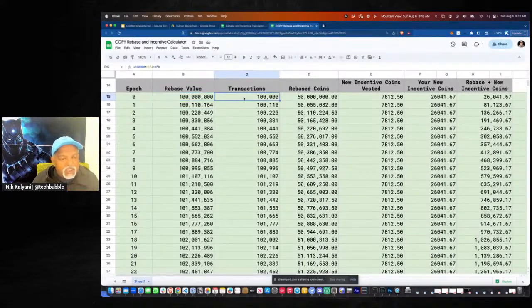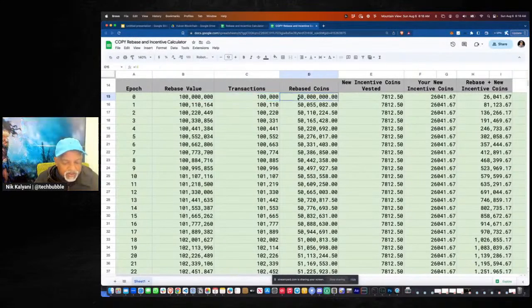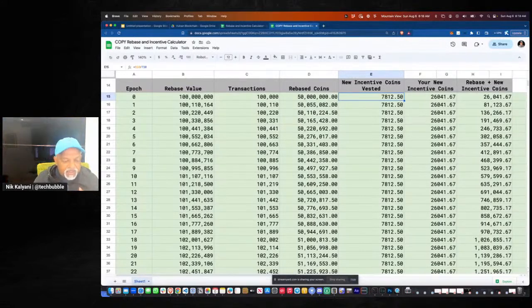Okay, so the transaction goal here is 100,000. The rebase coins, we start off at 50 million. That's going to be what the cap table total is. How many incentive coins will be vested? Well, we'll start it off at 0, and it's essentially divided by the period we have.